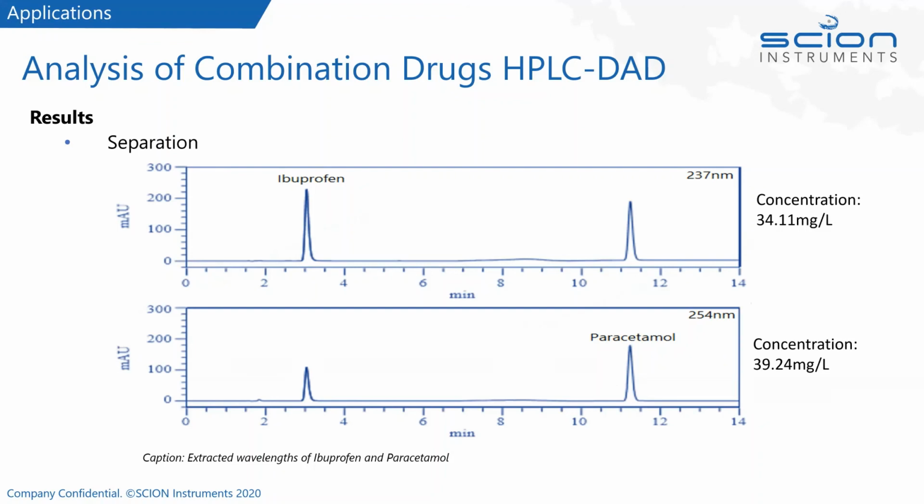So as you can see, both chromatograms do show both peaks, but again, the concentration for the ibuprofen in particular is much lower in the 254 wavelength range. So because we'd done a calibration curve, we could then quantitate the 2 target compounds in the sample. The concentration for ibuprofen was at 34.11 mg per litre and paracetamol was at 39.24 mg per litre.